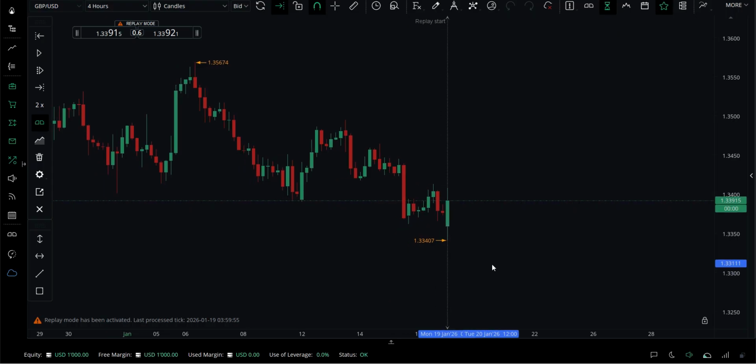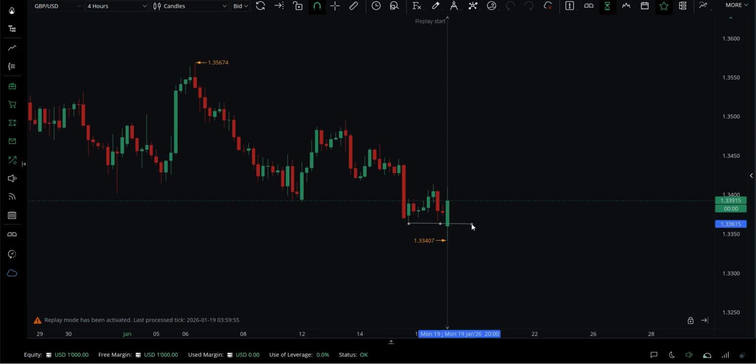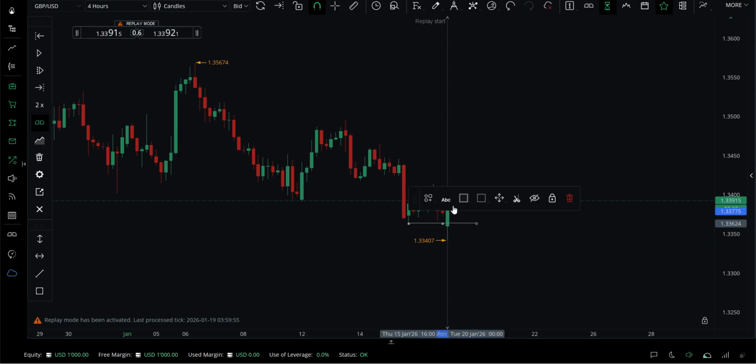This is the 4-hourly chart for the beginning of the day at 00 GMT on 19th January 2026. At this point, we can identify this area of sell side liquidity that has been taken.